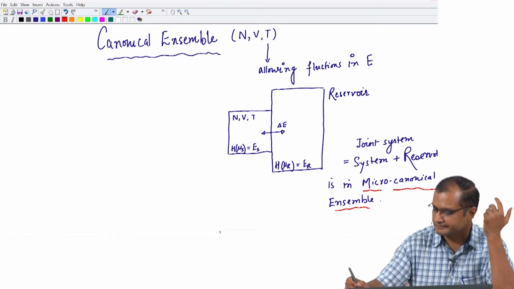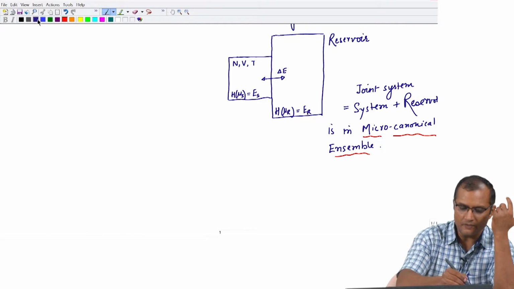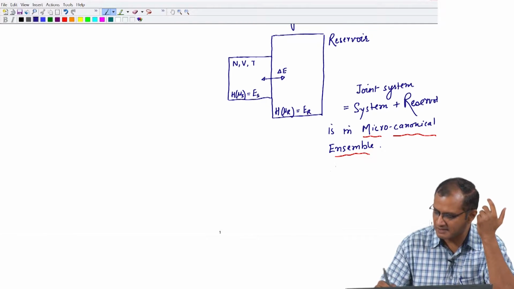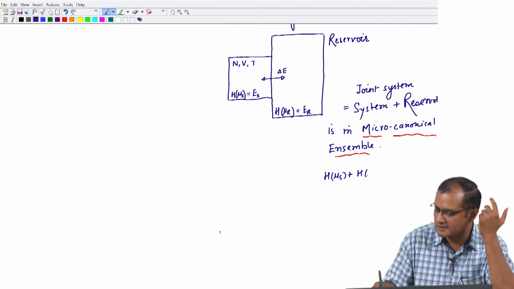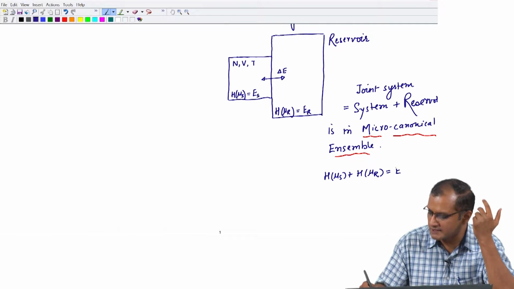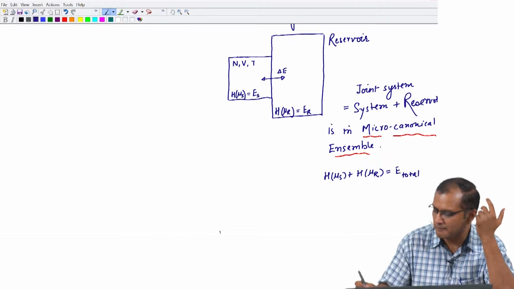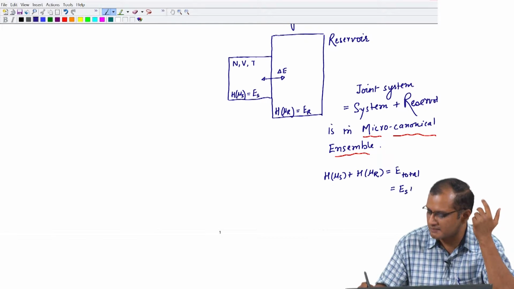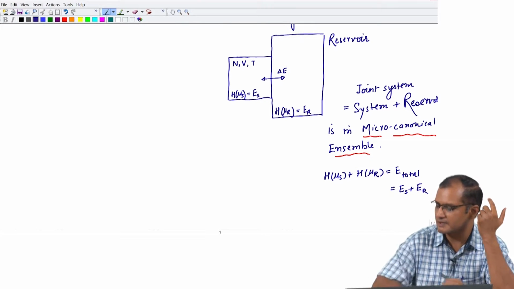I can say that the instantaneous energy of my system plus the reservoir is equal to the total energy E that is fixed, which is nothing but the energy of the system plus the energy of the reservoir.